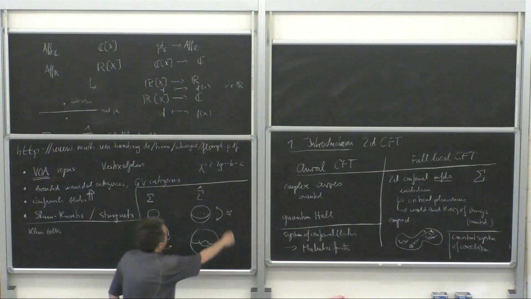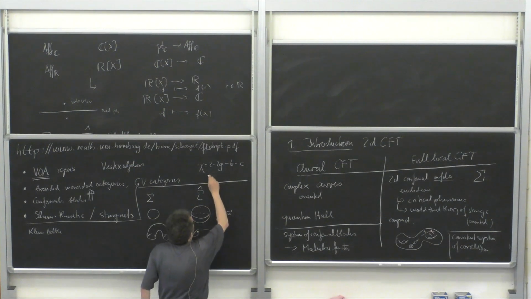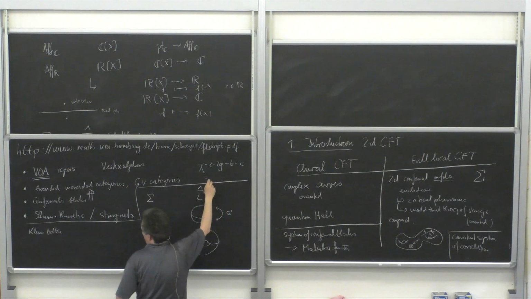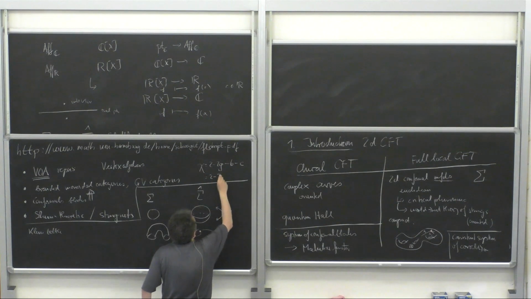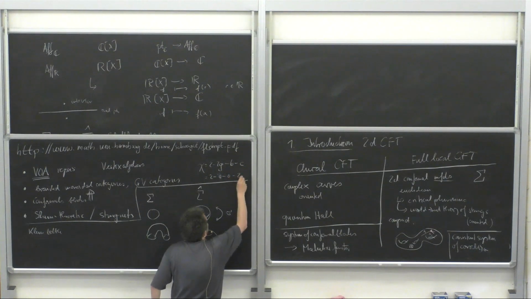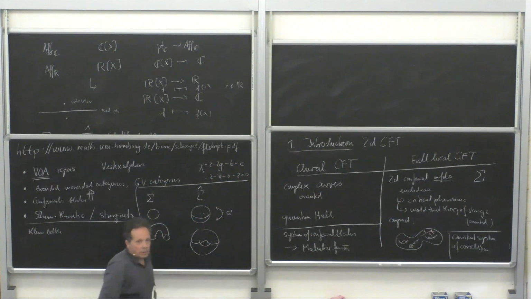And now for the Klein bottle, we have an Euler characteristic, which is 2 minus no genus minus no boundary and actually 2 cross caps, so it's 0.